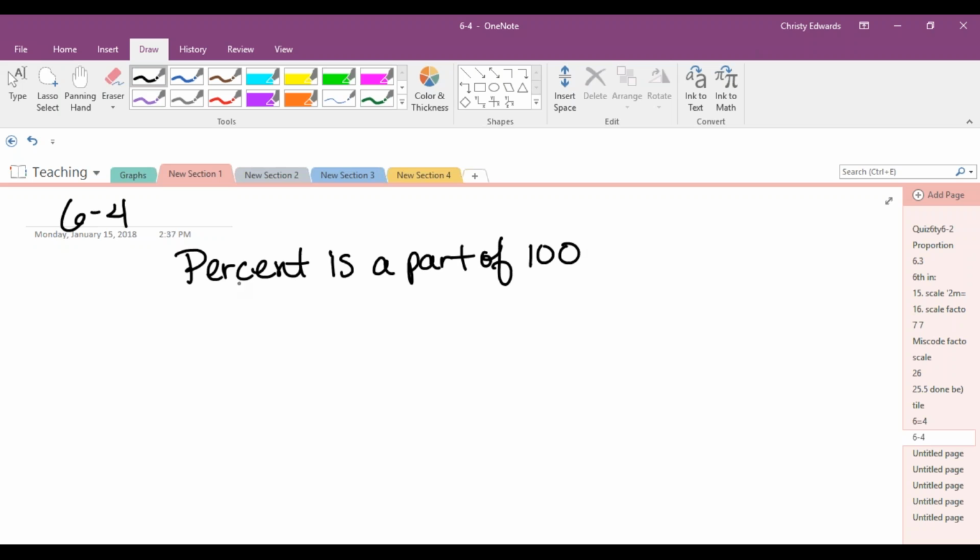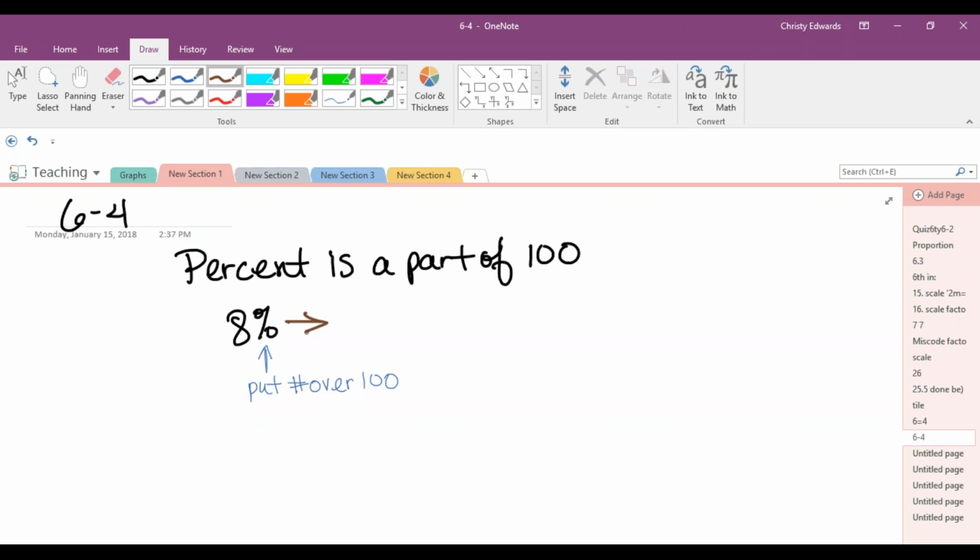Here's what I mean by that. If I say 8%, this percent symbol might as well be saying put the number over 100. It is part of 100. 8 out of 100.